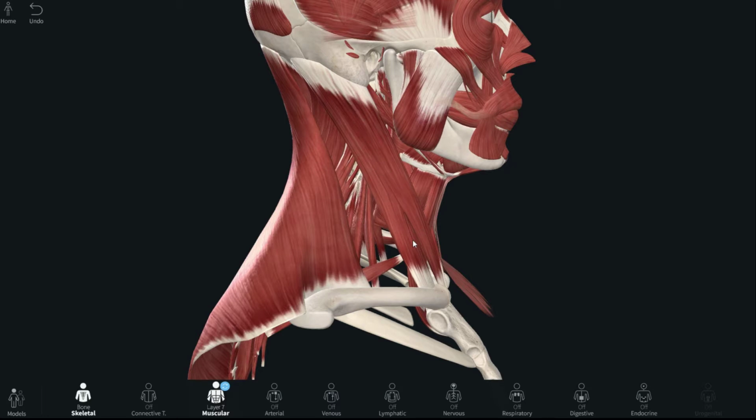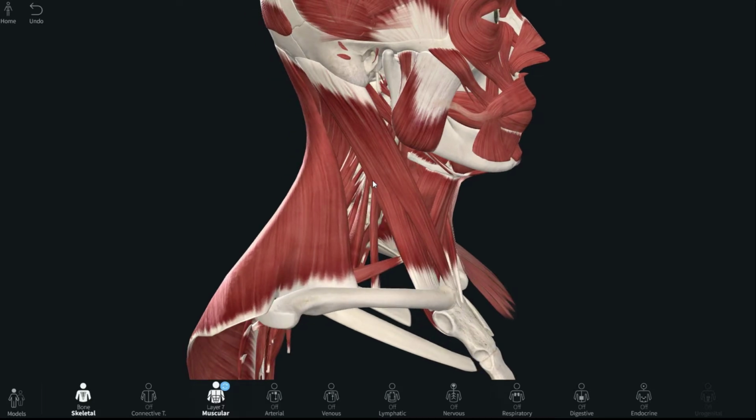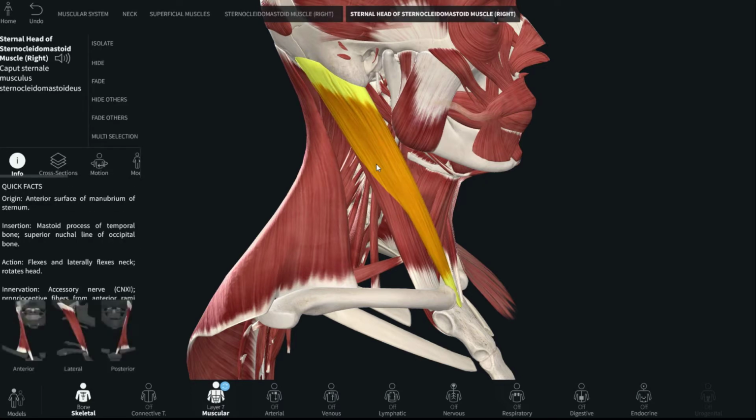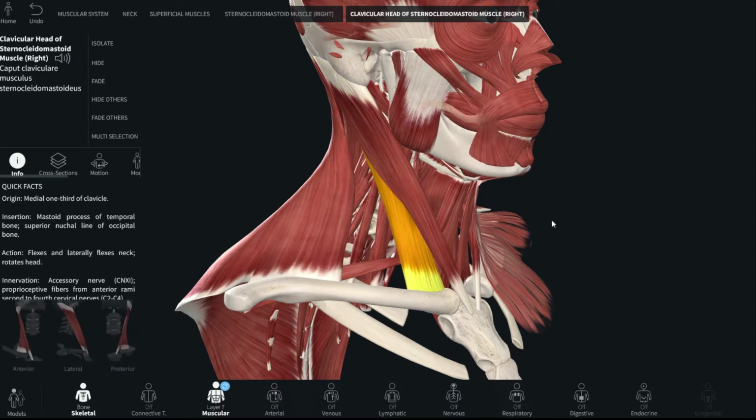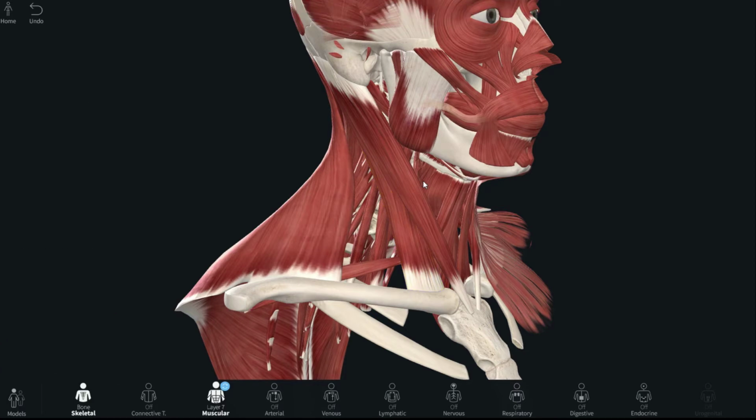Yes, this is the key muscle of the neck, and this muscle is the sternocleidomastoid. As it's given here, this is the sternal head, because the sternocleidomastoid has two heads, the sternal head, and this is the clavicular head. Anyways, we'll talk about it in just a moment.